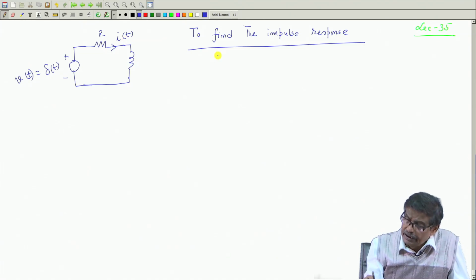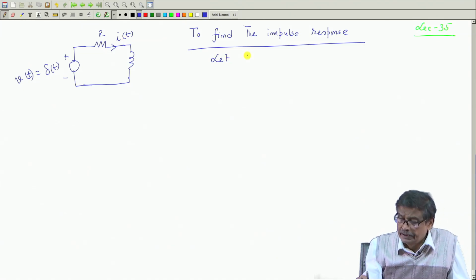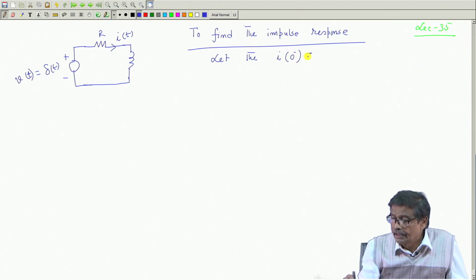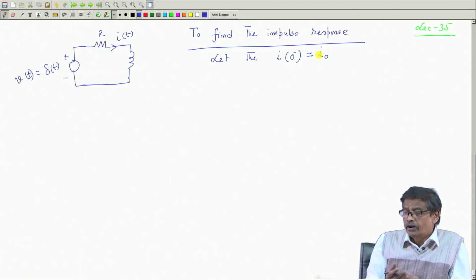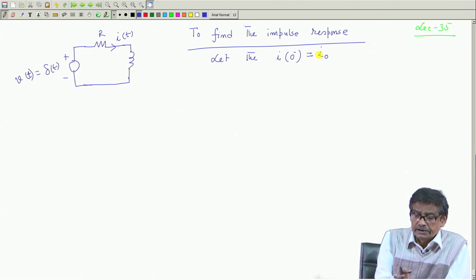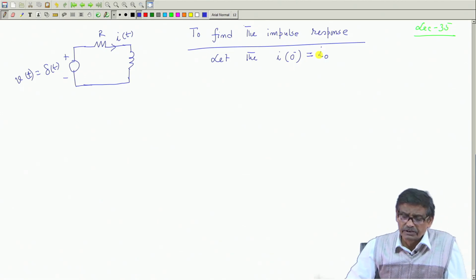And suppose let the initial current in the inductor be some value I0. So far, we considered excitations to be reasonable functions, and I told you I0 plus will be equal to I0 minus.